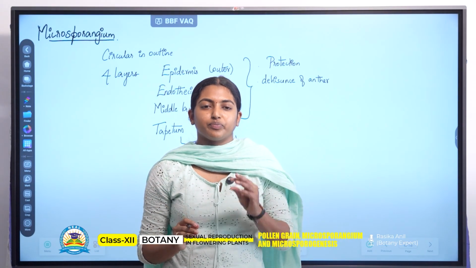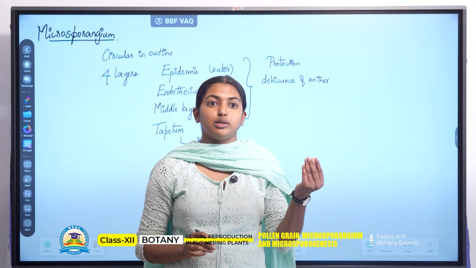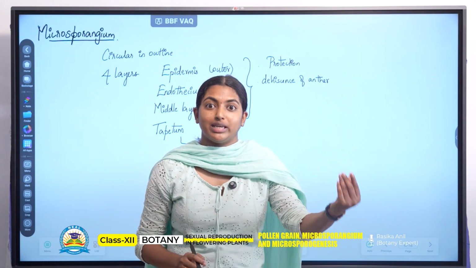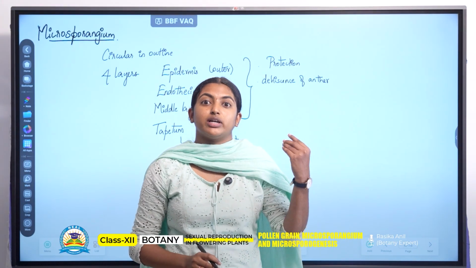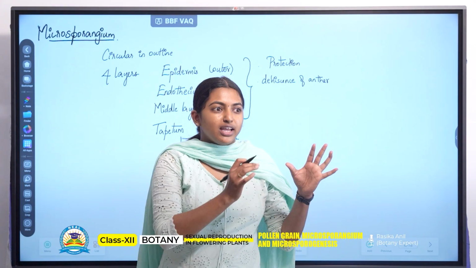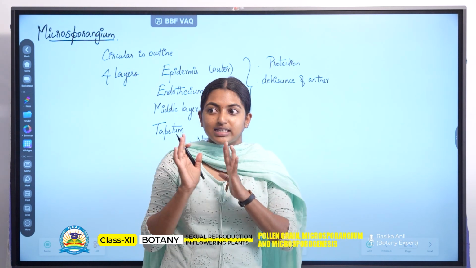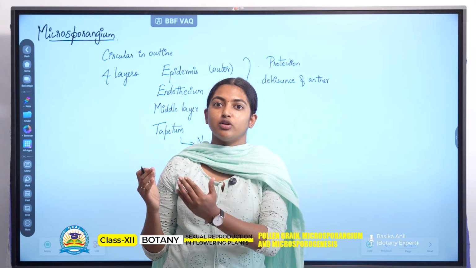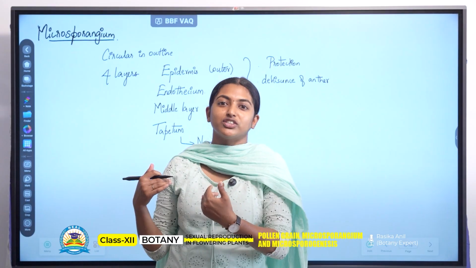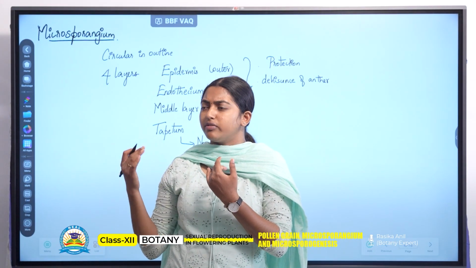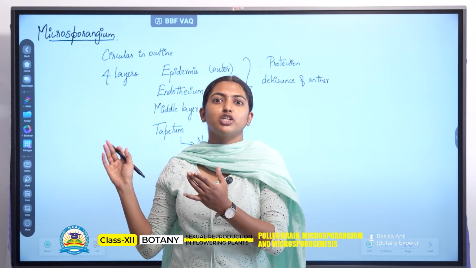Fine. See, this is a pattern that you are going to observe. Listen very carefully. Whenever you have a very important cell which is going to give rise to a gamete, or it is a zygote or an embryo, cells like that will always have some cells nearby which are multicellular, and they will always provide nutrition. This you can observe in plants, animals, humans, everything, right?